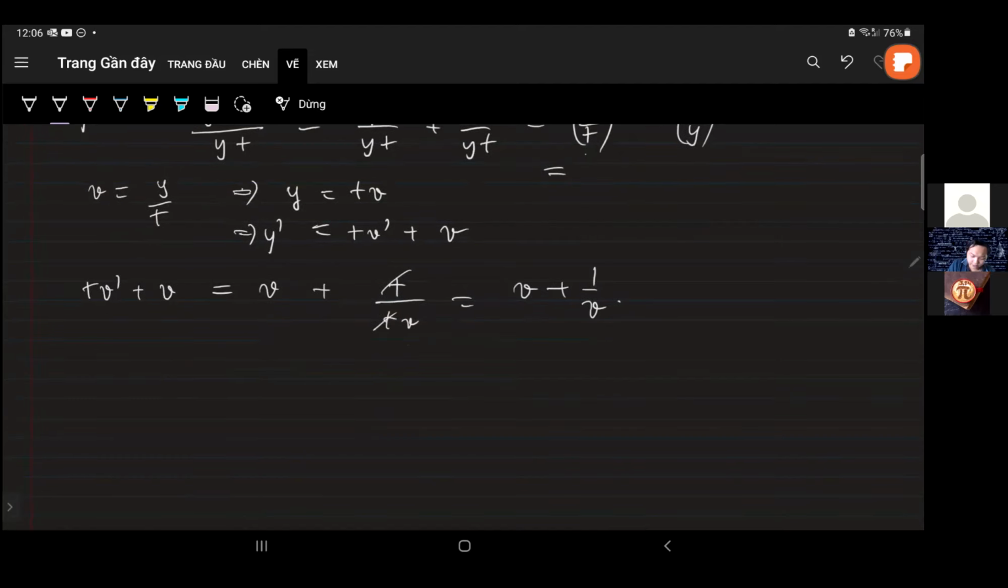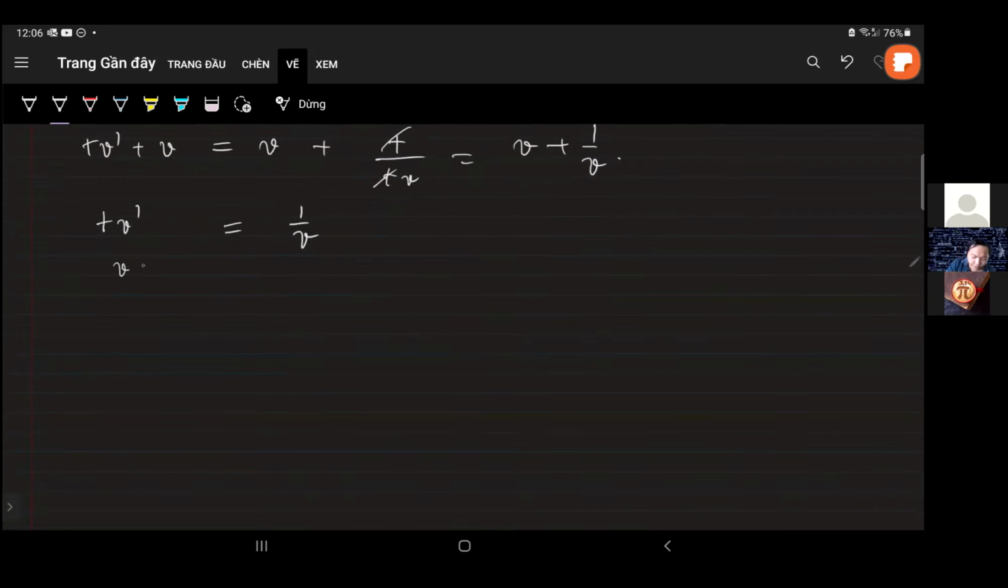So now we just need to solve for v. Subtracting v from both sides, you get just 1 over v, and then what do you need to do? Move the independent variable to one side and the dependent variable to the other.